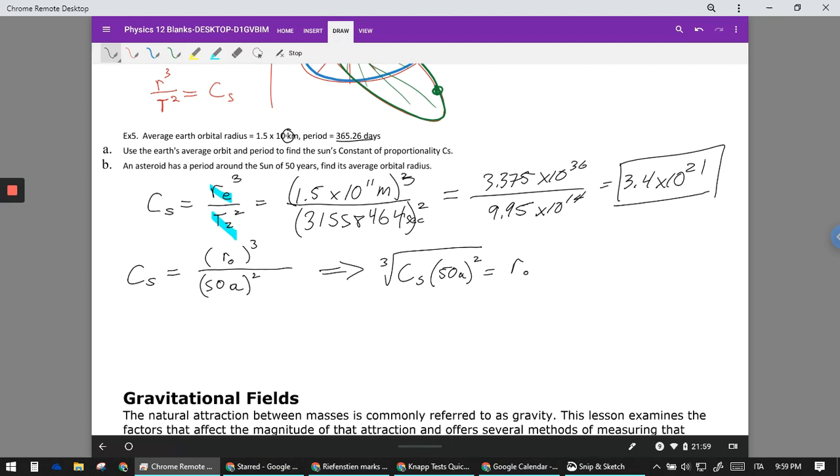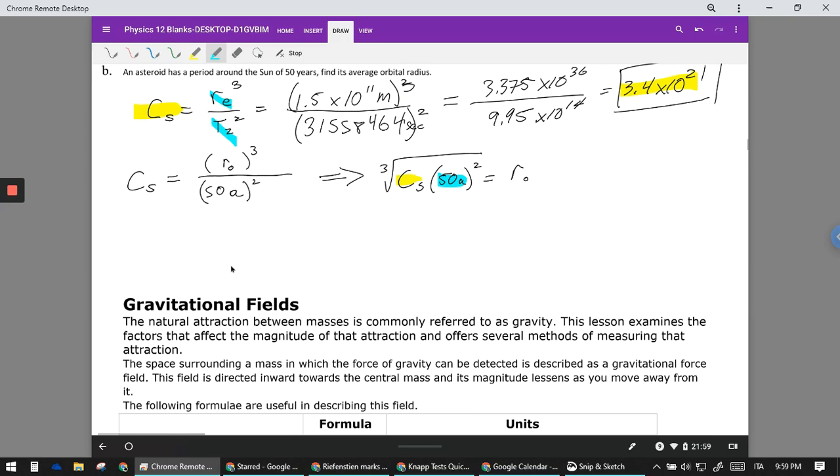And that's basically how we're going to get the average orbital radius. We'll take this constant of proportionality, throw it in there, and don't forget, we have to change this into seconds. And your answer would be in meters.